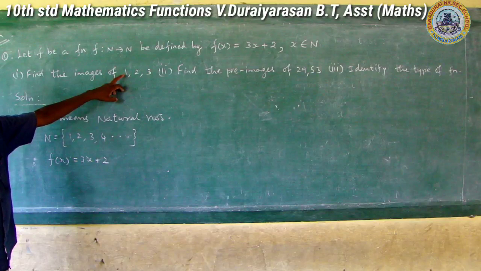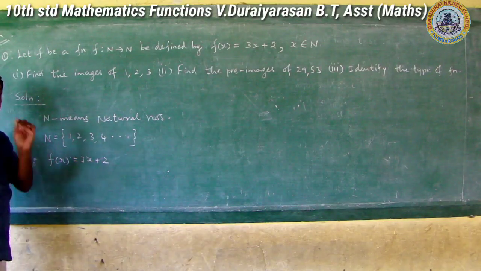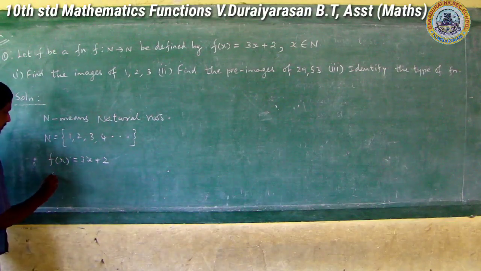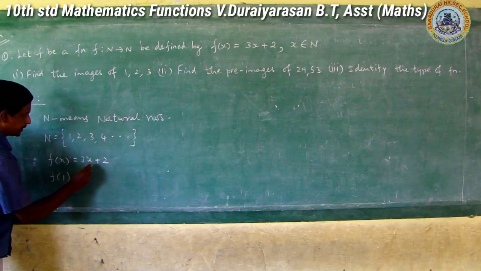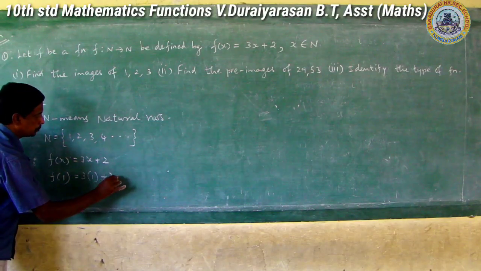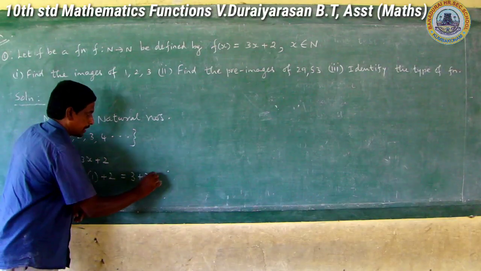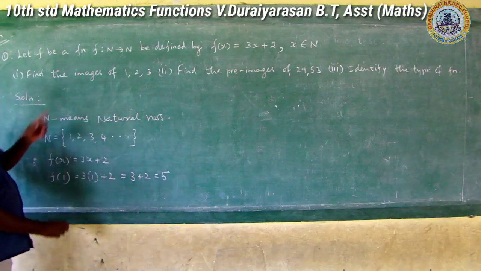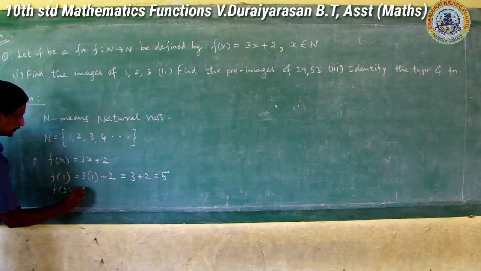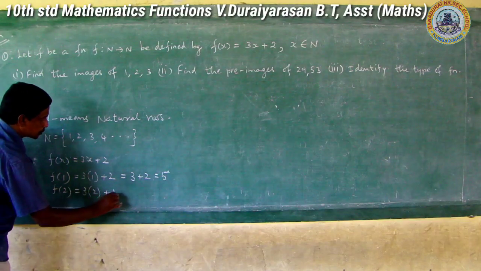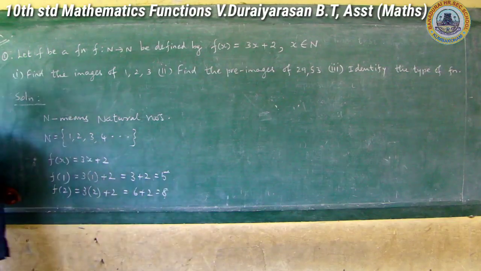What is the image of 1? So how to find it? Substitute x equal to 1. 3 into 1 plus 2 is equal to 3, plus 2 is equal to 5. Next, substitute x equal to 2. 3 into 2 plus 2: 3 twos are 6, plus 2 is equal to 8.